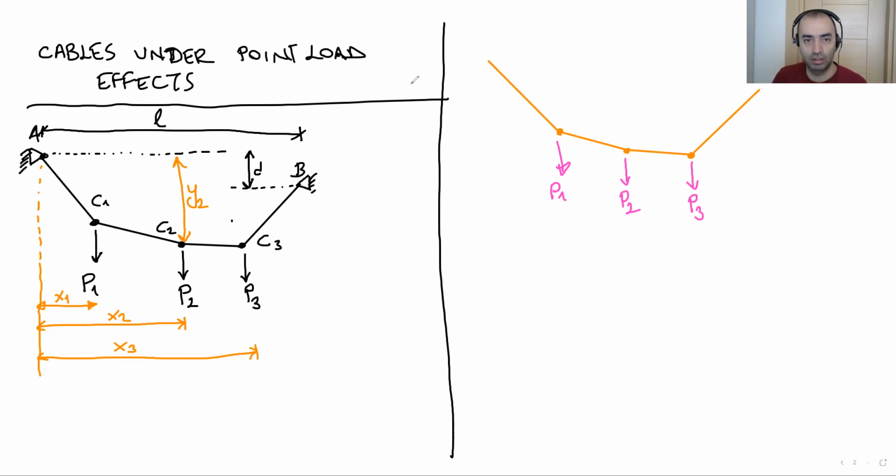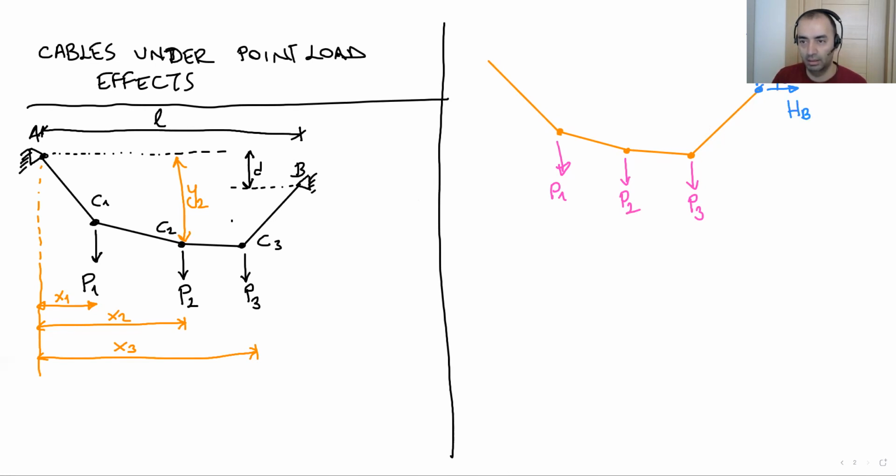Let's change the color here, blue, for example. I'm gonna have support reactions here. For example, at point B, horizontal HB and vertical VB here.